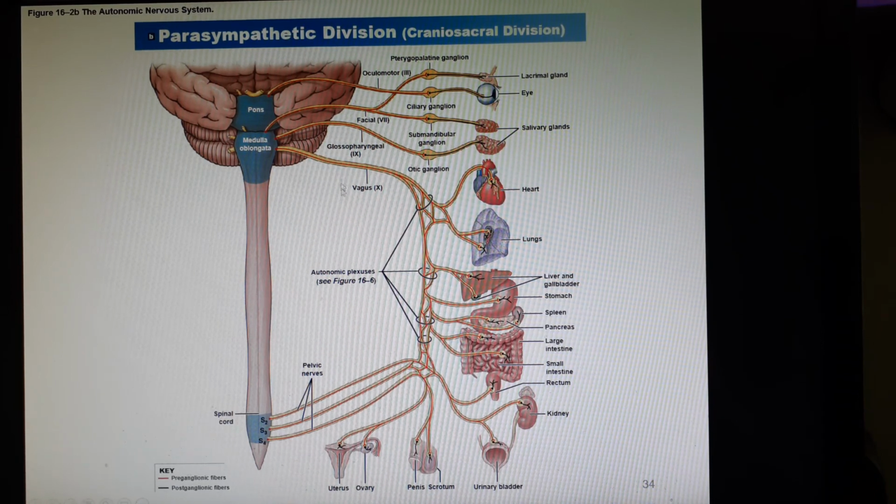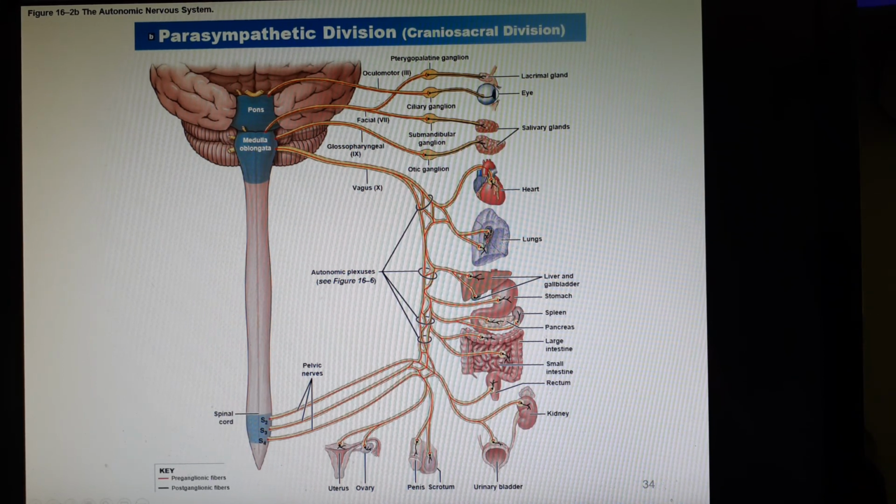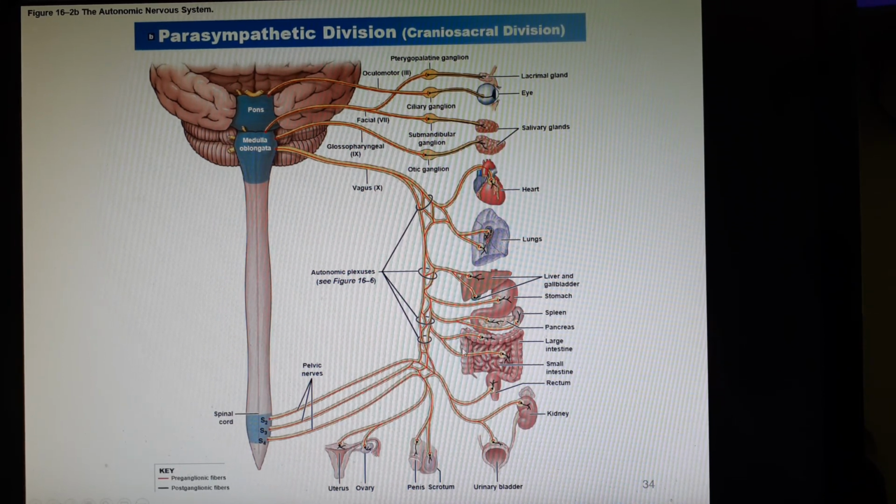This vagus nerve 10 is 75% of the parasympathetic output, and it never enters the spinal cord. It comes off of the medulla. So if your spinal cord is severed, you still have a connection between your brain through the vagus nerve to all of your major organs. So you can still keep your heart beating and your lungs breathing and your digestive system working.